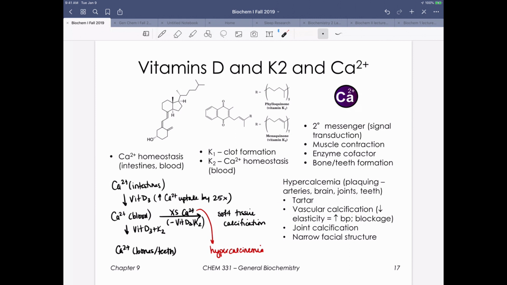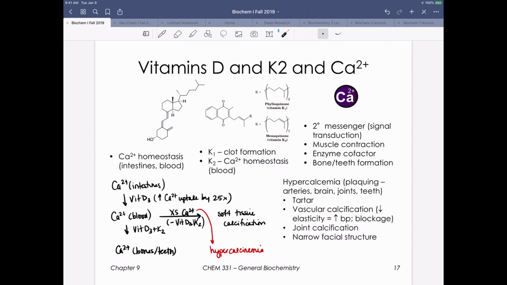So again, this can lead to tartar production. So we talked about in class, if you're a medical professional and you have a patient that has significant tartar issues, it might be an indication that they've got problems with hypercalcemia. They might have a vitamin D3 and or K2 deficiency. And this is sort of the outward signal of what's going on there.